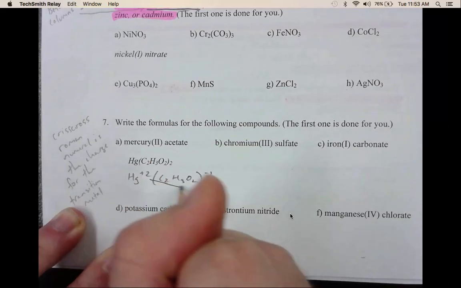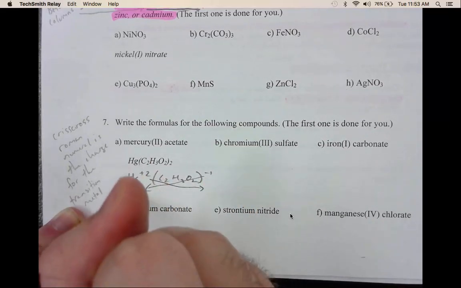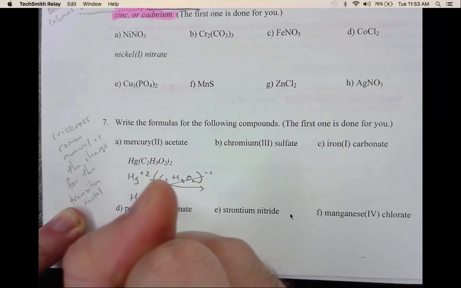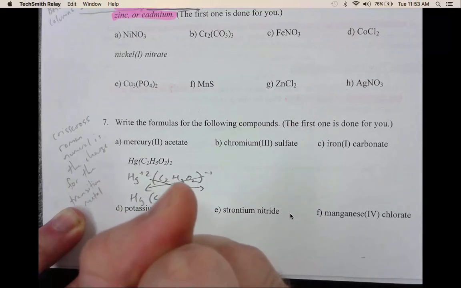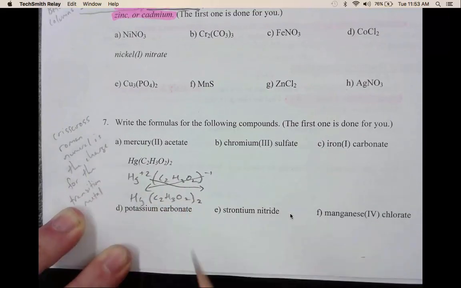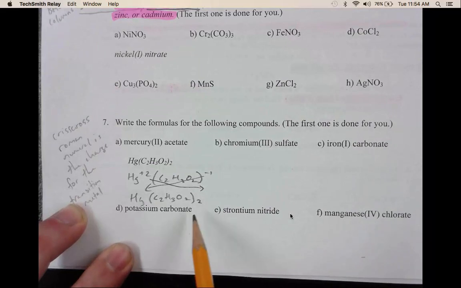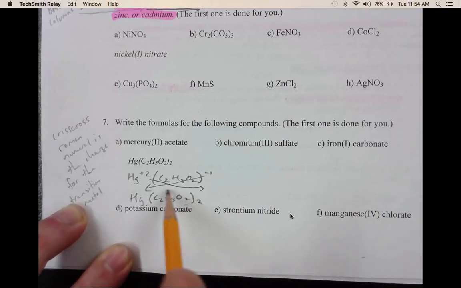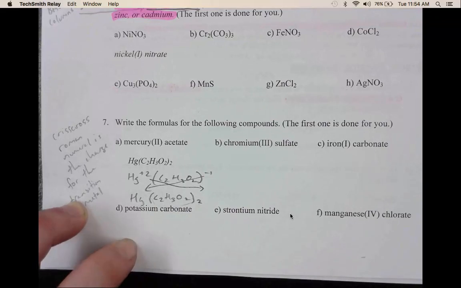Then if we crisscrossed, we would get the answer. It would be Hg1, which we don't have to write because it's a 1. And then the 2 is on the outside of the parentheses. Remember, the 2 needs to stay on the outside of the parentheses because this 2 is saying we have 2 acetate ions. So you need to remember all of this is multiplied by 2, not just one of them.